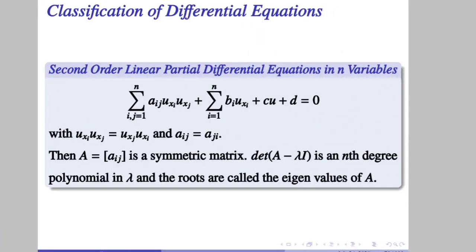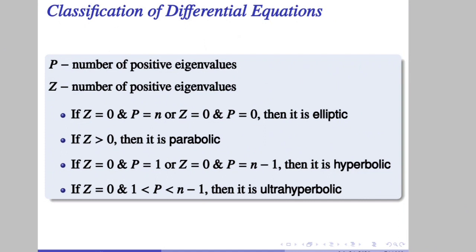And then this is for a second order linear partial differential equation with n independent variables. So this can be identified through its eigenvalues.